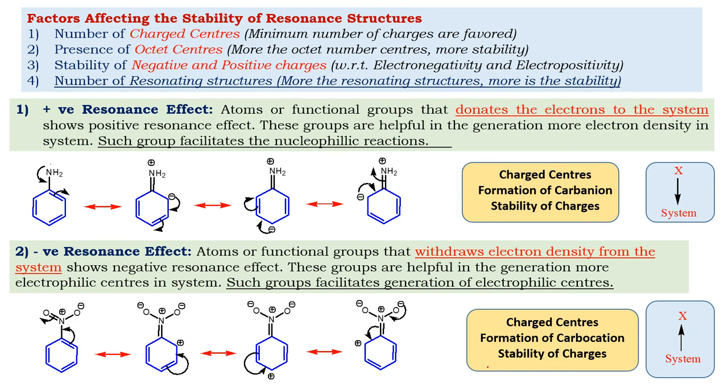It means if we have a negative charge on an electronegative atom, it will be stable. If it is an electropositive atom with a positive charge, it will be stable. This is the natural process, and these rules give us an idea about the stability of different structures. One more thing we need to understand is how many charged species we are forming in the structure; that also plays a role. The fewer charges formed in the system, the more favored it will be.